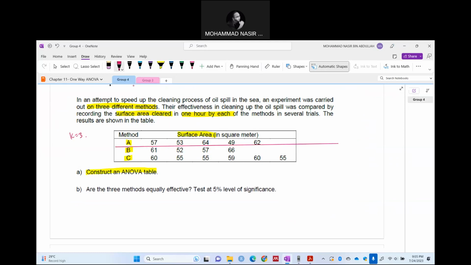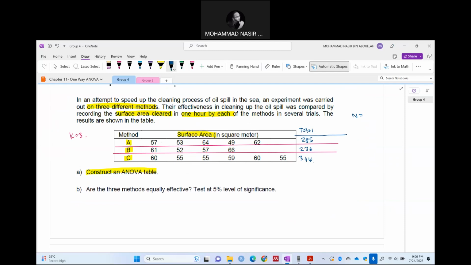Put a line like this. Okay. So the total for treatment, method A, is equal to 285. The total for B is 236. The total for C is 344. So for the grand total, how many observations do we have here?